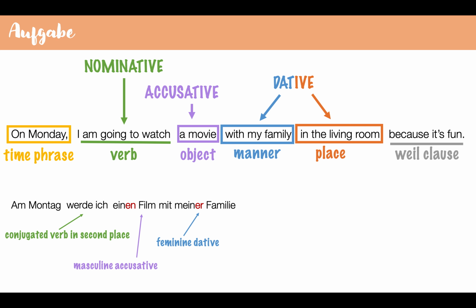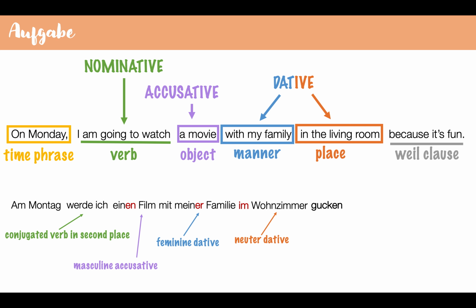It's a feminine dative. Because of mit, it's meiner Familie, it's die Familie in the nominative. Im Wohnzimmer, neuter dative, so im is the contraction of in dem. Gucken, so gucken is to watch. You might remember that from one of our previous lessons. So am Montag werde ich einen Film mit meiner Familie im Wohnzimmer gucken.